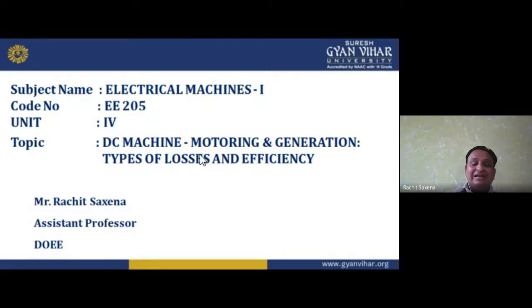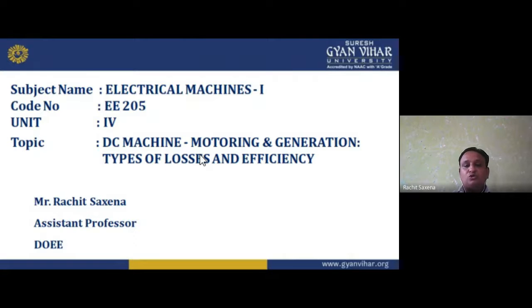So it is mechanical to electrical. In the generator we apply mechanical input and take electrical output, and in the motor we give electrical input and take mechanical output. So the output of the motor becomes the input for the generator, and the output of the generator becomes the input to the motor. That is electromagnetic energy conversion.